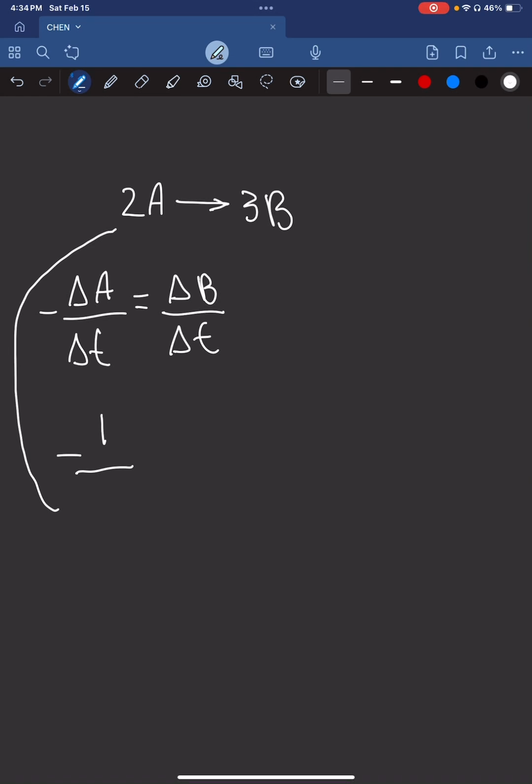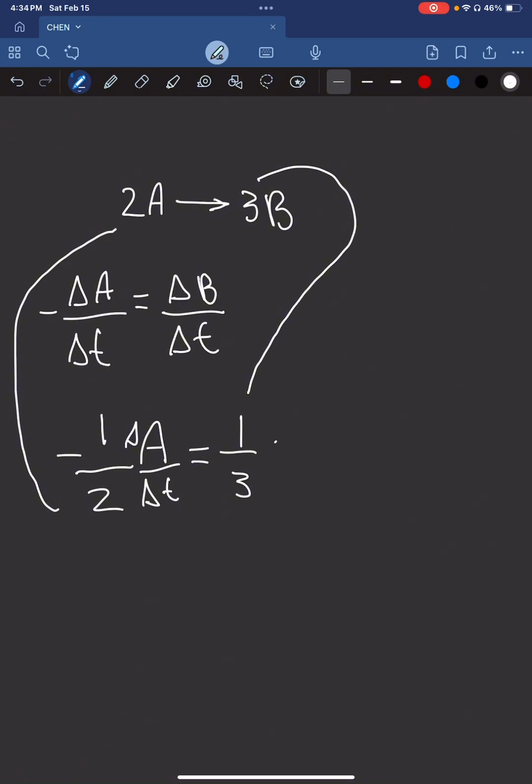So in this scenario, it's going to be negative one half delta A over time, which is going to be equal to the same thing like before, 1 over this value, times the change in B over time.